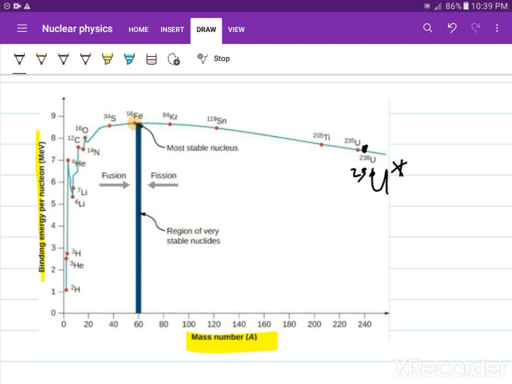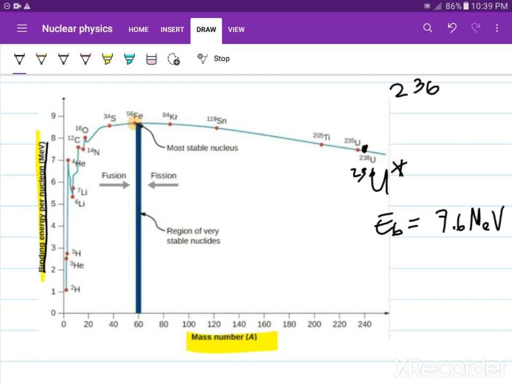Its initial binding energy is about 7.6 MeV. Sorry, that is the binding energy per nucleon. So if you have 236 nucleons in uranium-236, every nucleon will experience a binding energy with respect to other nucleons of 7.6 MeV.